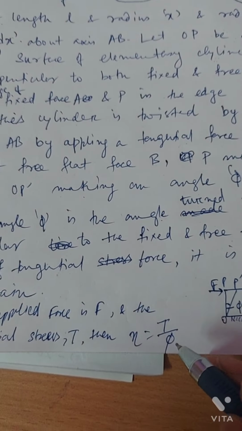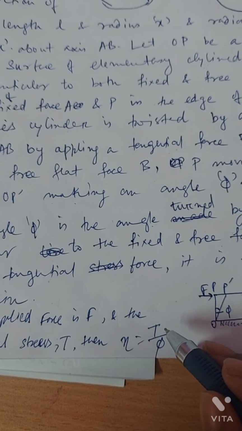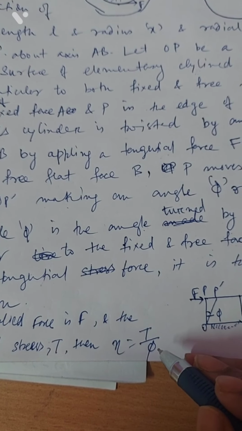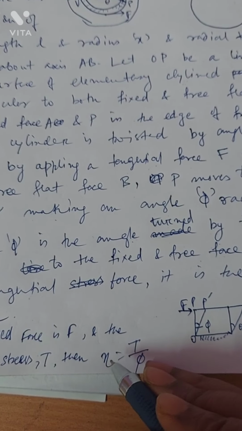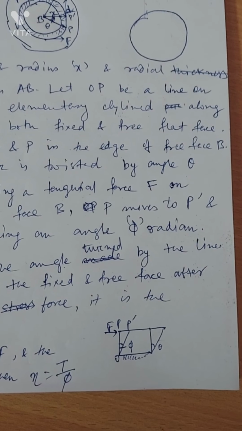So T is the tangential stress, phi is the shearing strain, and this is the modulus of rigidity.